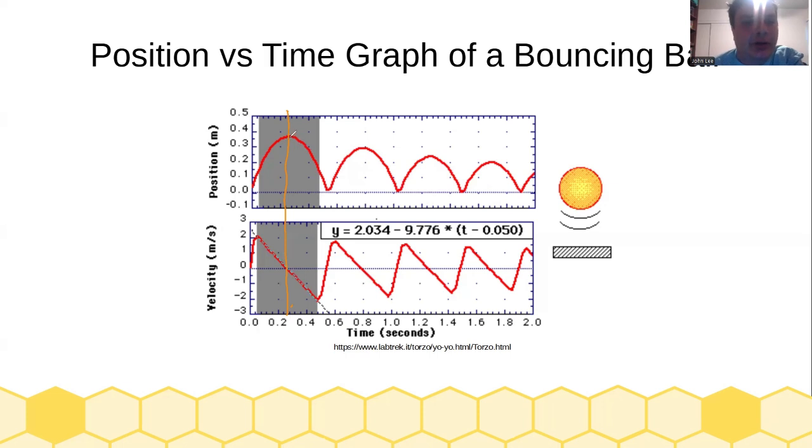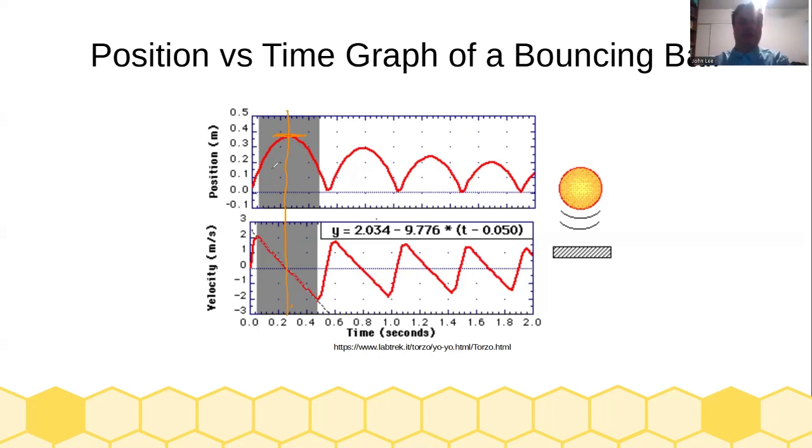Once you hit that zero, though, it starts going down, and as the velocity versus time graph becomes more negative, the slope of the position versus time graph also becomes more negative and steeper. At the point in the middle where velocity is equal to zero, the position versus time graph is at its peak. Because it is turning around here, it has a slope of zero, which corresponds to the velocity versus time graph.